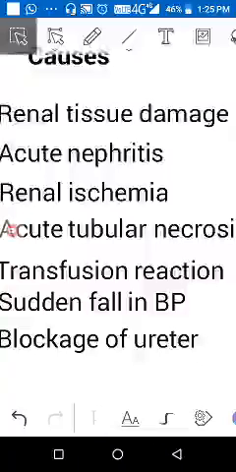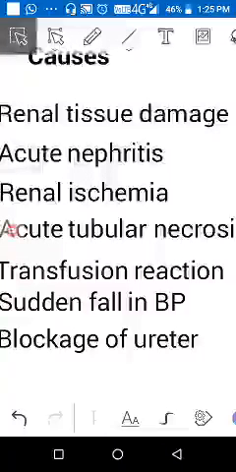And next one is sudden fall in blood pressure. If there is a chance for high blood loss from the body, if a deep injury happens, so an excess amount of blood is getting lost, what happens?